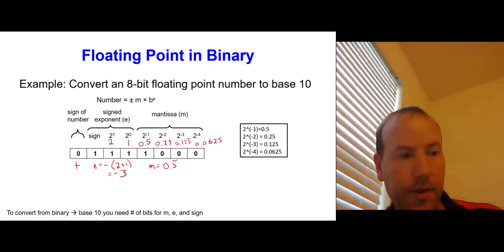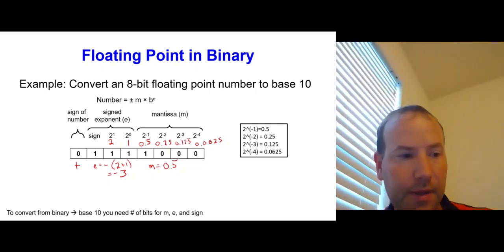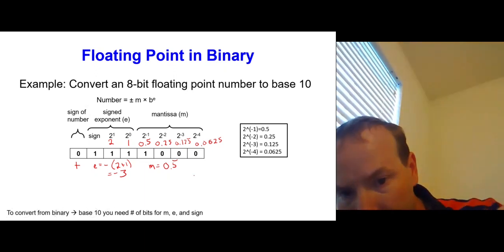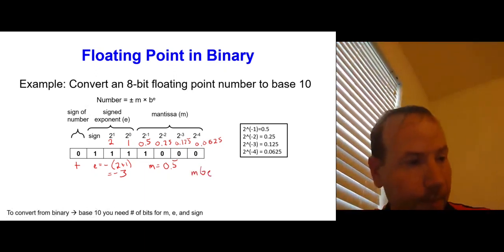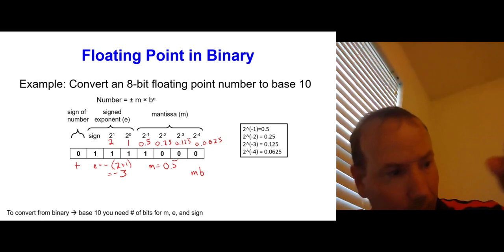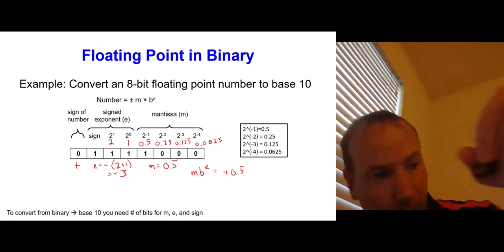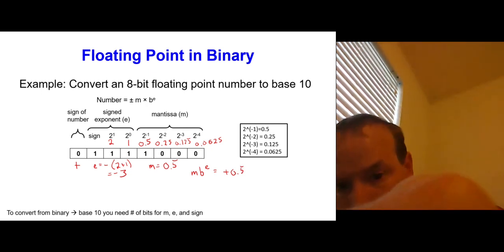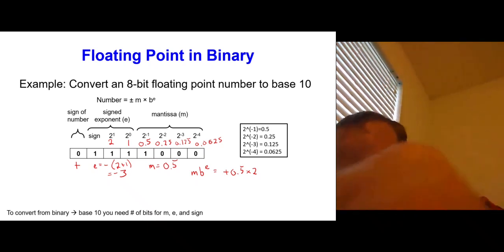Okay, and so then we use the formula that we had at the top to represent this in base 10. So M times B to the E: 0.5 times our base of 2 to the -3.